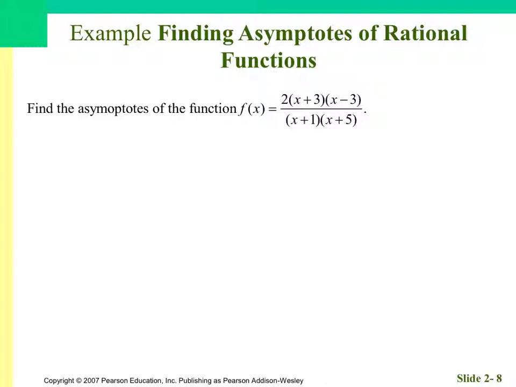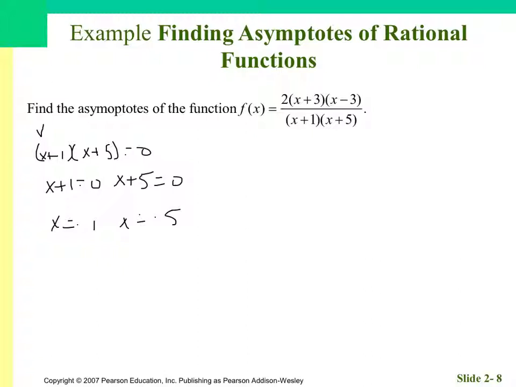So find the asymptotes of the function. Well, let's do the vertical first. Set the denominator equal to 0. Solve. So there's the vertical, the horizontal.